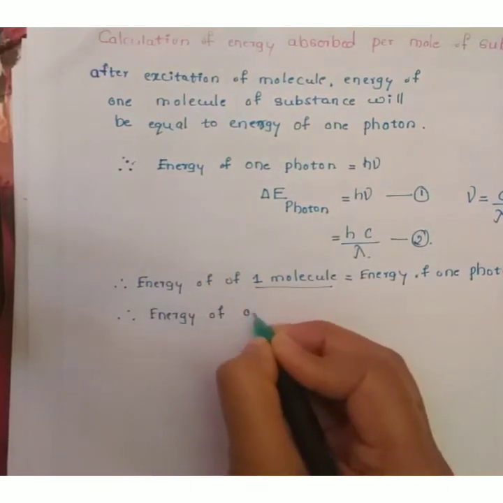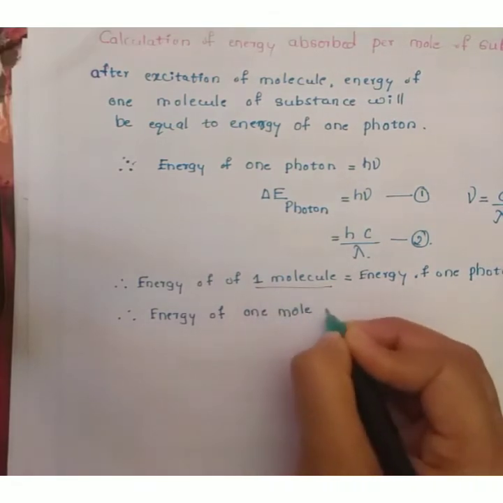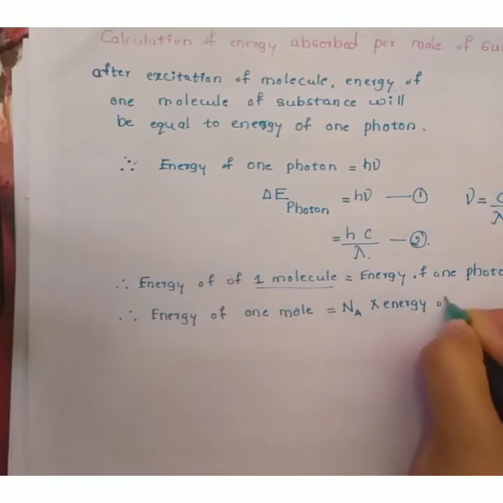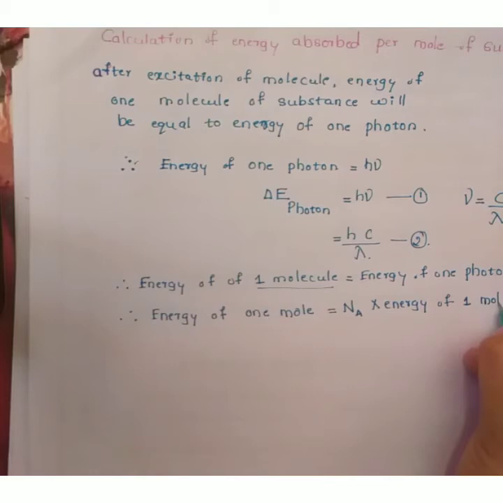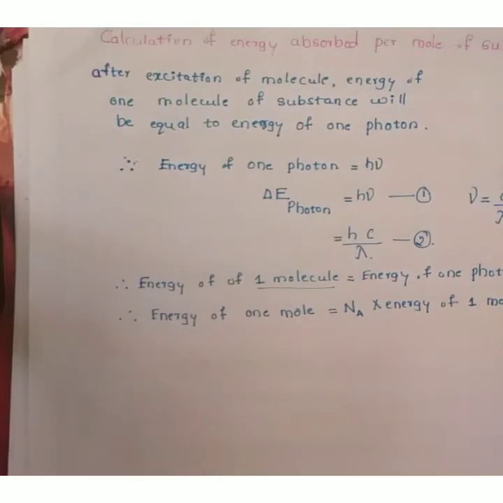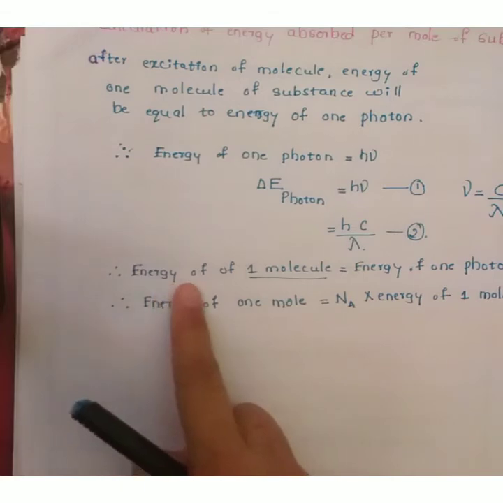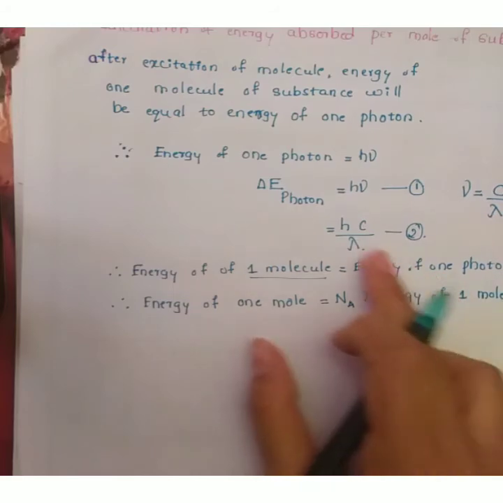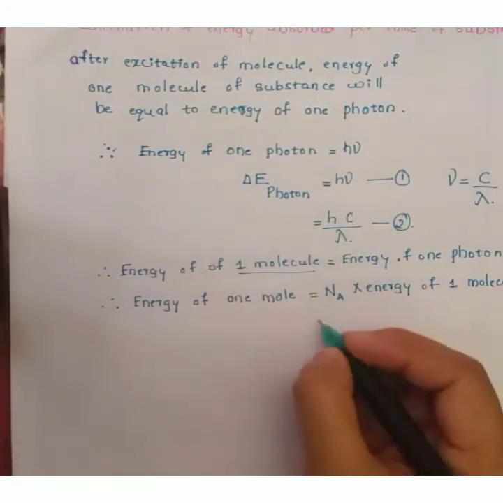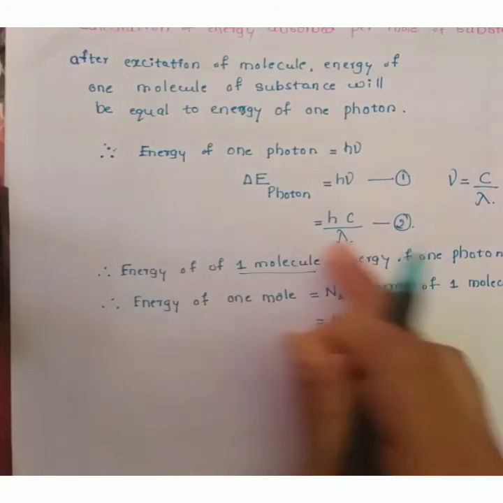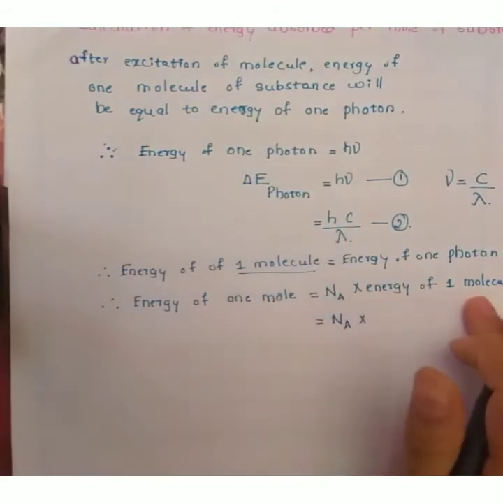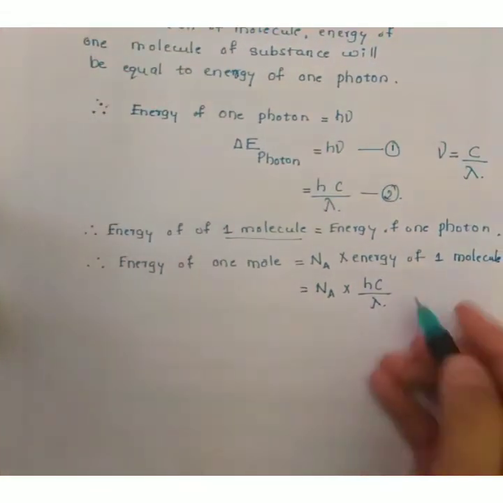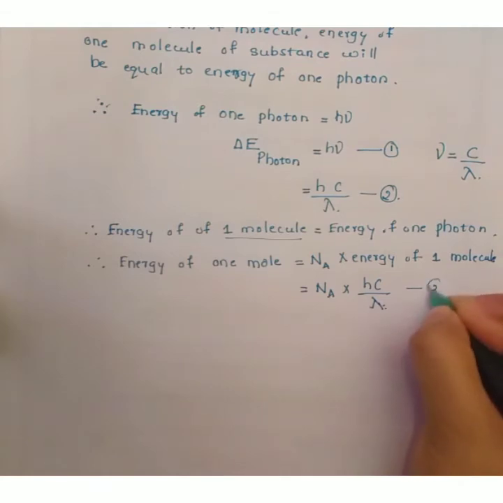Energy of one mole equals Avogadro's number times the energy of one molecule. As I said, the energy of one molecule is equal to the energy of one photon, which is hc by lambda. Substituting this gives equation 3.